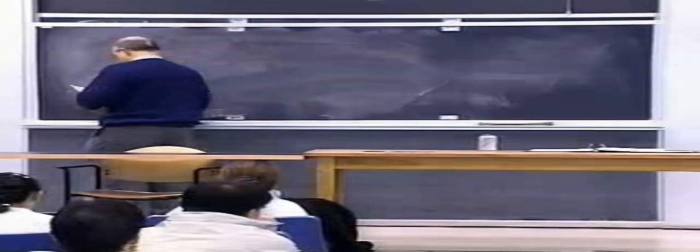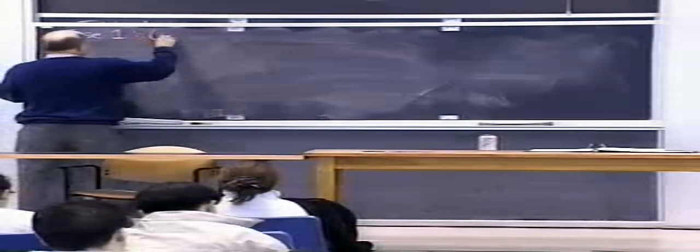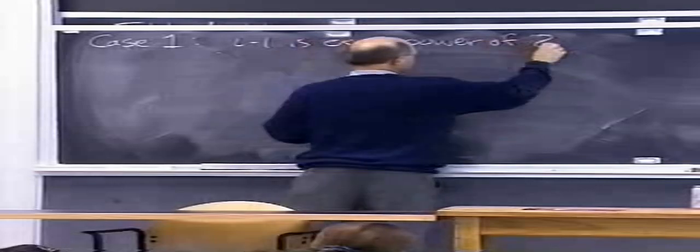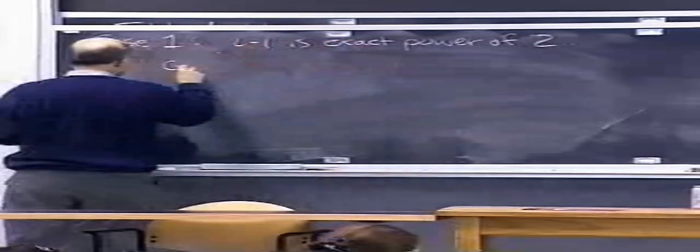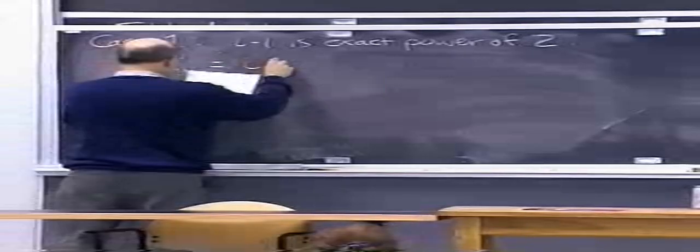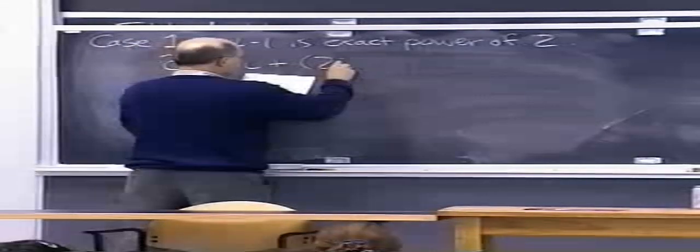Case 1. I minus 1, don't need parentheses there. Case 1 is that I minus 1 is an exact power of 2. Okay, so C sub I is equal to, and let me just recopy here so we can see what the math is as we're going along.